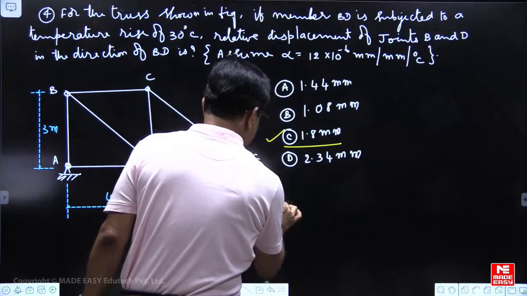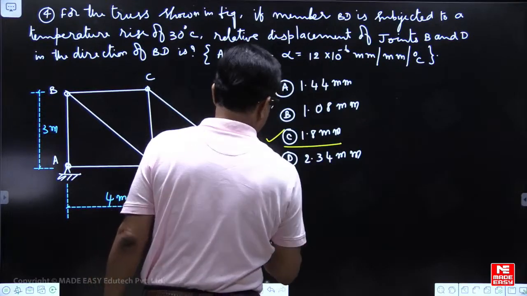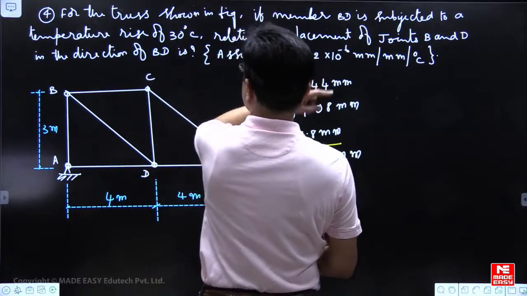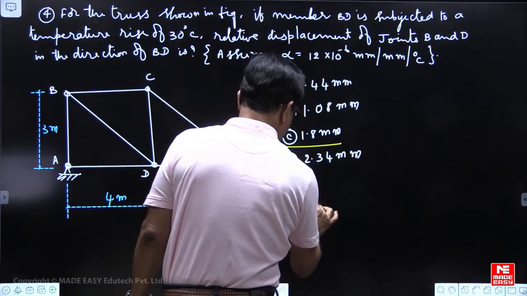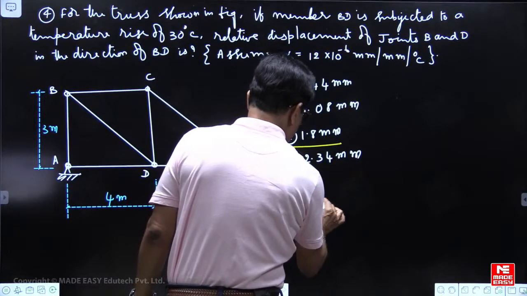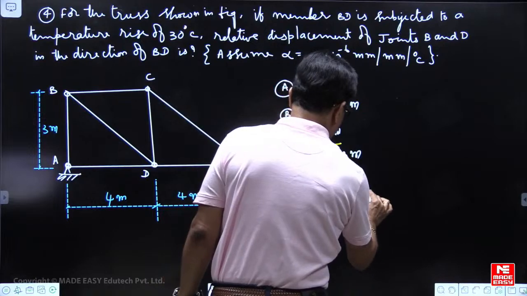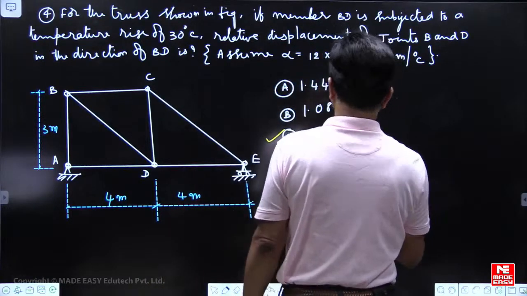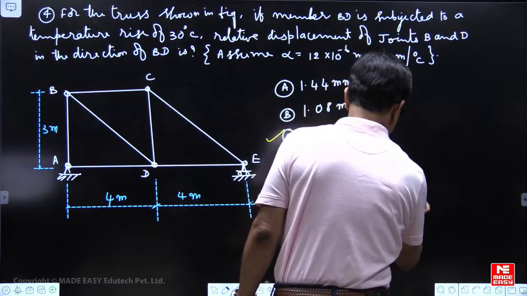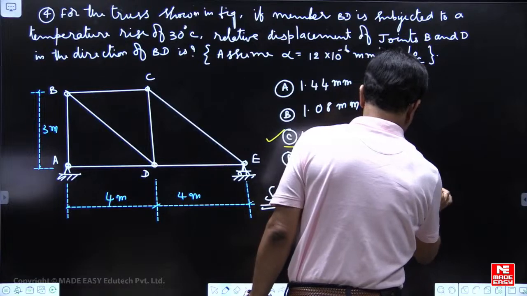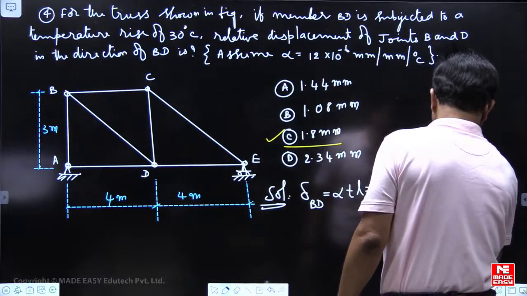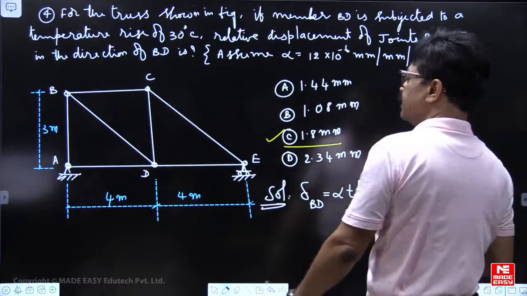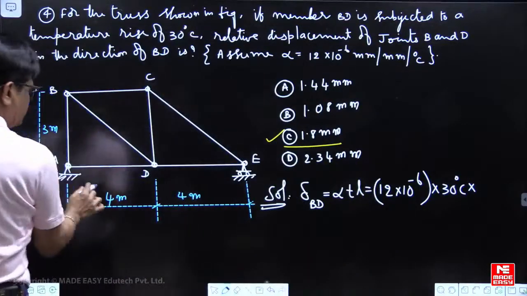So relative displacement, so expansion delta BD is equal to alpha TL. Alpha is 12 into 10 to the power of minus 6. Temperature rise is 30 degrees centigrade. Length is, this is 3, this is 4.